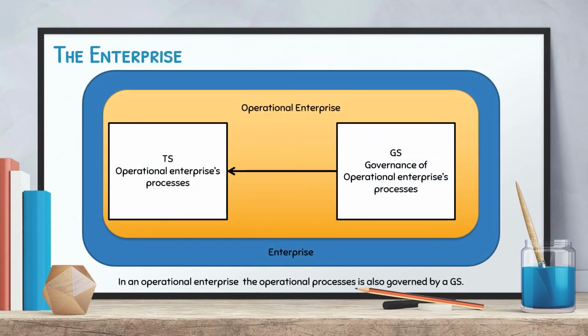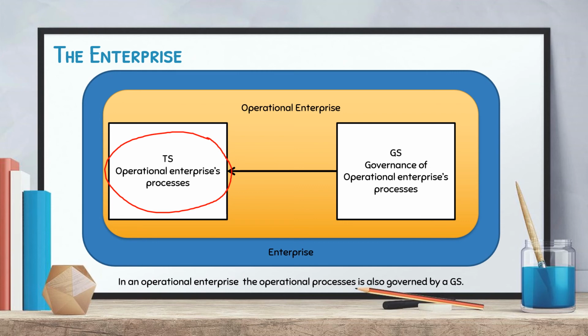So now let's look at the governance paradigm in the actual enterprise setting, the operational enterprise. We have the operational enterprise processes, which are basically the processes that happen within the enterprise: all the selling, the buying, the management, the operational things. So that is the target system within the enterprise.